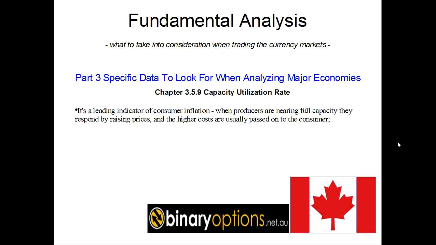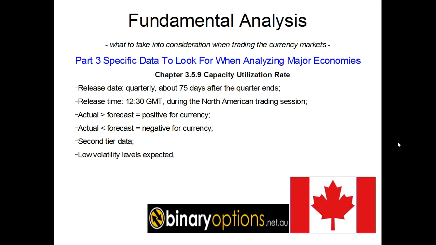When producers are nearing full capacity, they respond by raising prices at the higher costs, and the higher costs are usually passed on to the consumers. So again, released quarterly, 75 days after the quarter ends, and the release time is 12:30 GMT during the North American trading session. If the actual is bigger than the forecast, it should be positive for the currency.